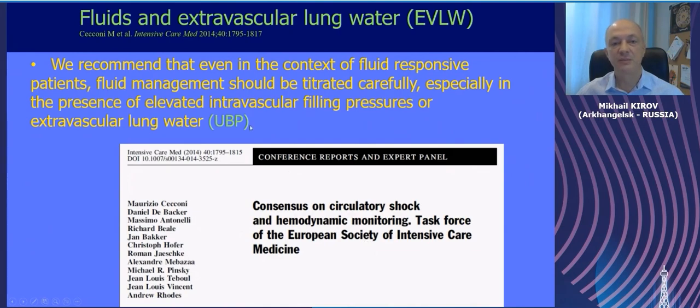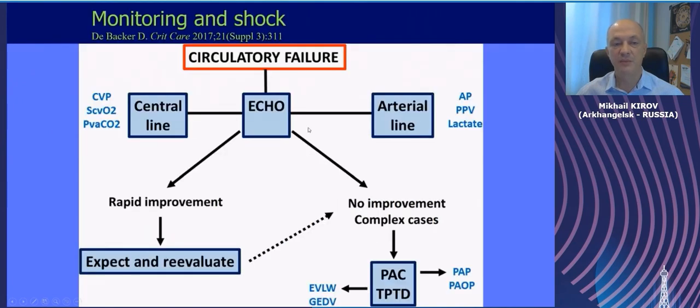You see that if we see increased lung water, it can be an additional alert for careful titration of fluid management. And as has been shown in a recent review by Daniel De Backer, lung water can be an additional tool for analyzing the severity of hemodynamic and pulmonary deteriorations in circulatory failure refractory to ordinary management.